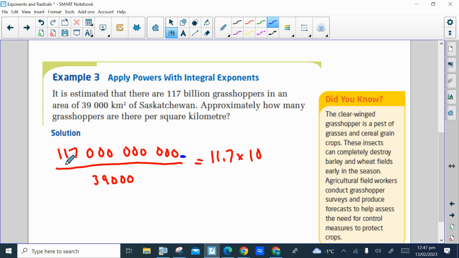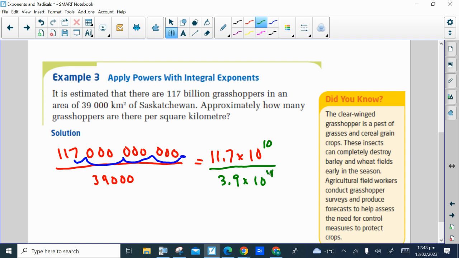So to get 11.7 here, I have to move the decimal 3 places, plus 3 more is 6, plus 3 more is 9, plus 1 more is 10. So in scientific notation, that is 11.7 times 10 to the power 10. And that's going to be divided by 39,000, which I'm going to write as 3.9 times 10 to the power 4.